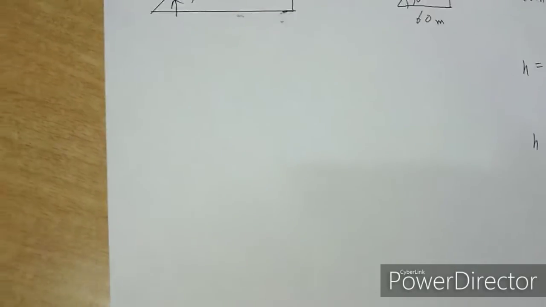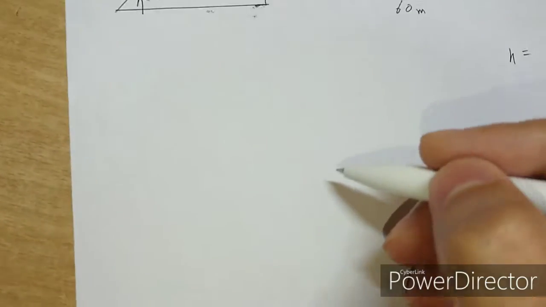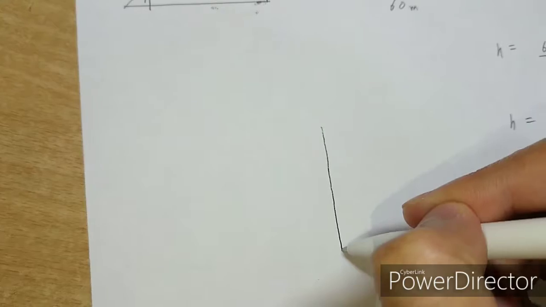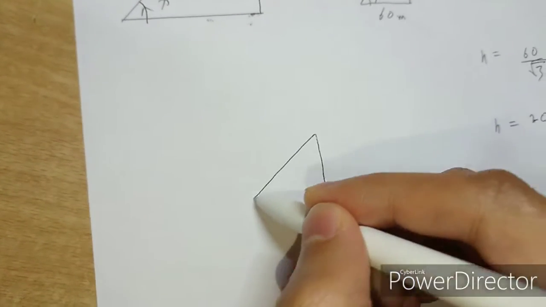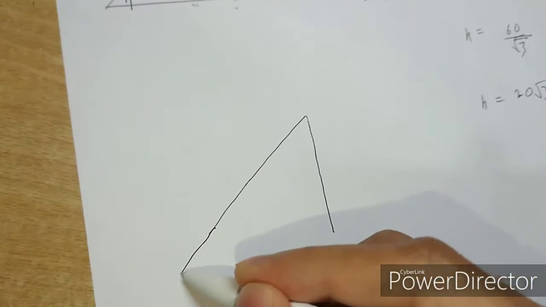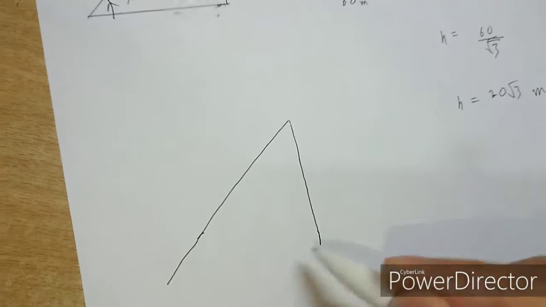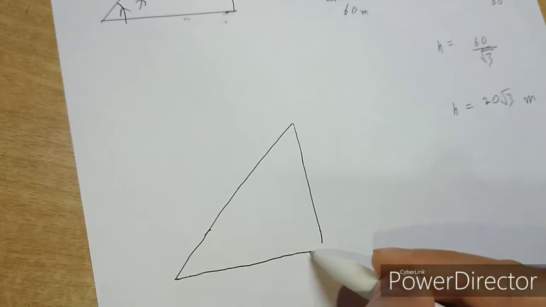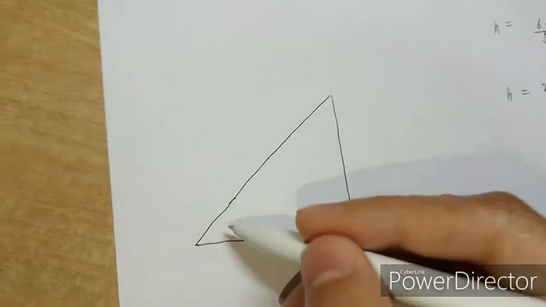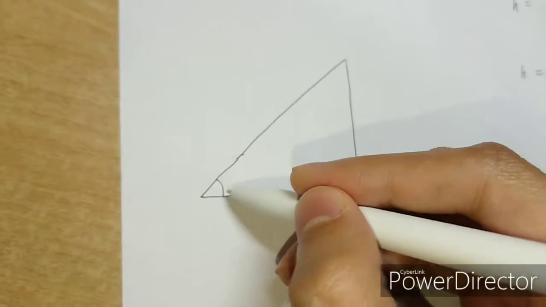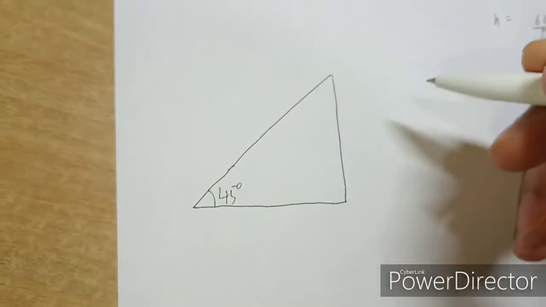Now let's try another problem. I have a tower again, and you are standing about here, and the angle of elevation to the top is about 45 degrees.